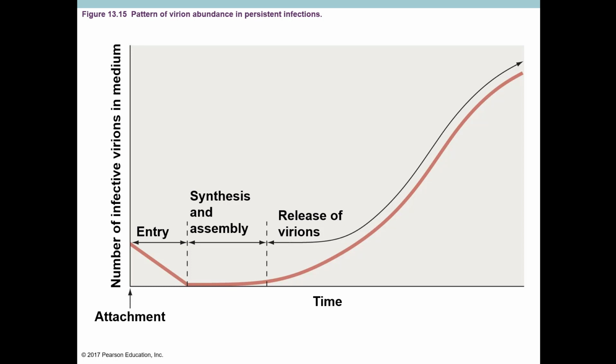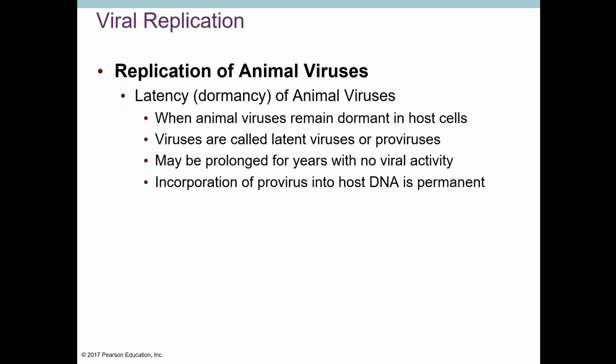Well, when you have a persistent infection, you don't have such a steep slope, but it keeps going up, up, up over a much longer period of time because that infected cell continues to release viruses and it doesn't die. So you don't have such an abrupt increase in the number of virus particles, but it goes over a longer period of time.